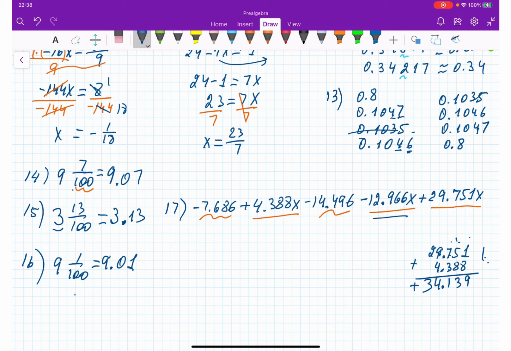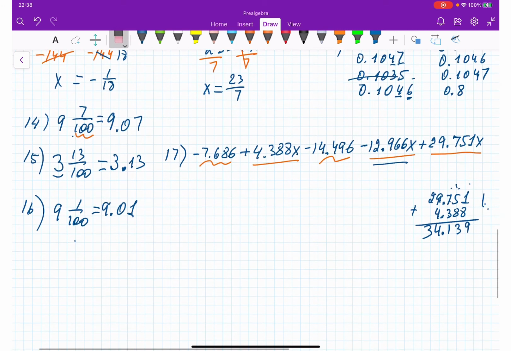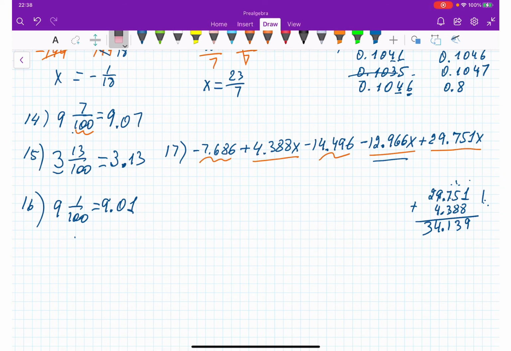Now next, I have negative 12, this like term. Negative 12.966x. So now let's subtract. This 34.139 is bigger than 12, so the number is going to be positive. Therefore, let's subtract. So I write down like this, 12 point lined up, and then 966.